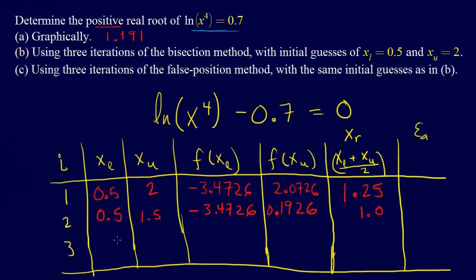It's minus 0.7, and it goes here because we have to bracket it. Then 0.1926 again. Our lower is going to be 1.0, and our upper 1.5.